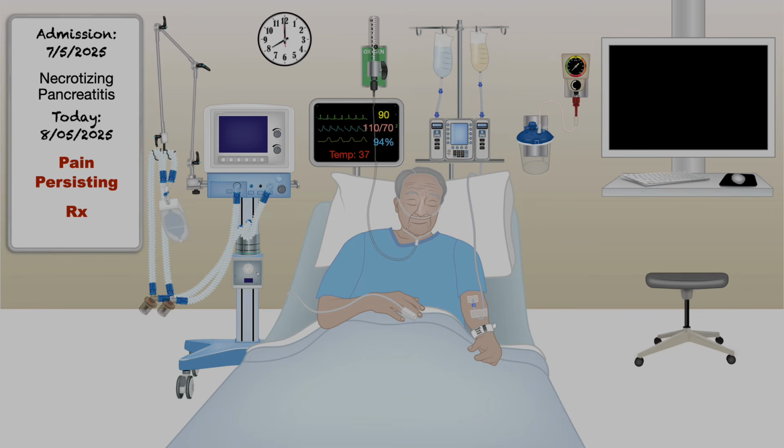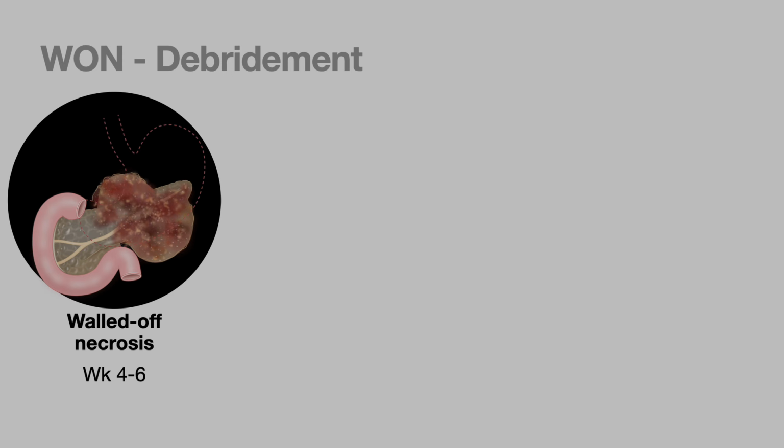So, how do you treat pancreatic necrosis with or without infection that has been walled off? Important to wait for 4 to 6 weeks after pancreatic necrosis before you intervene. When it comes to walled off necrosis debridement, the most important thing is you wait first for at least 4 to 6 weeks for things to settle down and have a walled off necrosis.